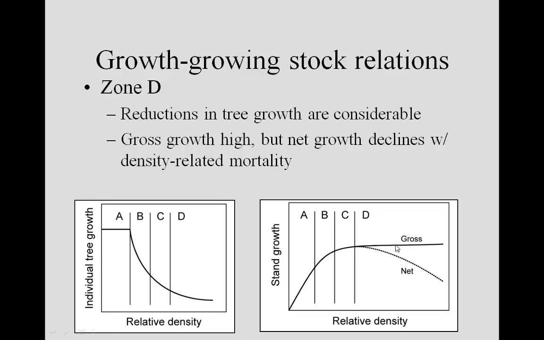This is growth including trees that continue to survive, but it also includes growth on trees that didn't make it through the growing period, that put on a little bit of growth and then died, and we're counting that in gross, and so gross growth continues to be high. Net growth, however, declines because of the density related mortality. Okay, that's an important distinction.